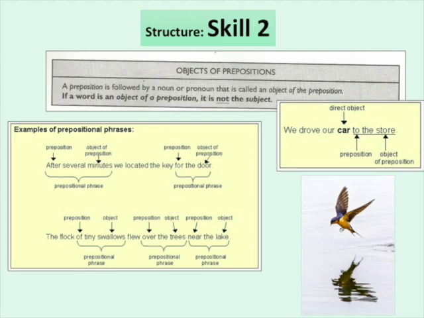The last preposition in the sentence is near, and the noun after that is the object of the preposition. So our subject in this sentence is the flock, and our verb is flew. Everything else is part of a prepositional phrase.